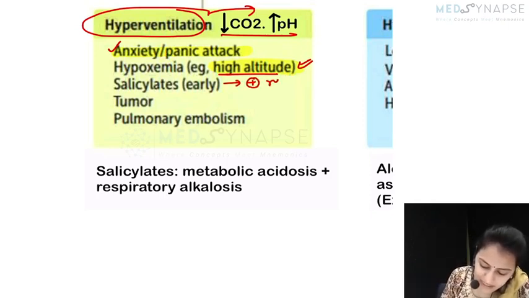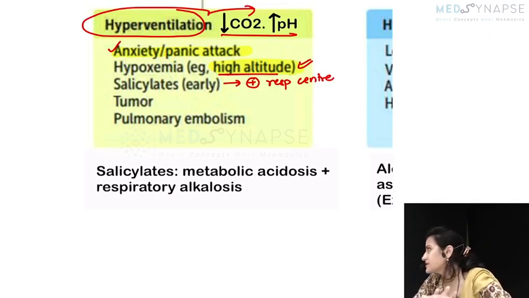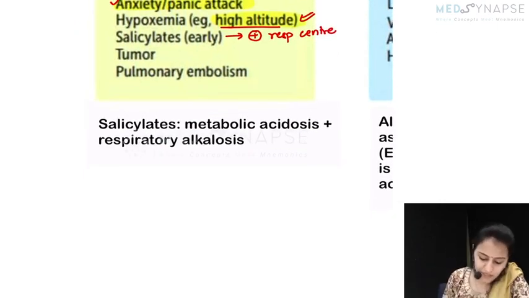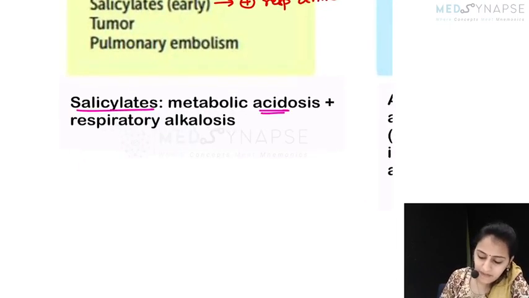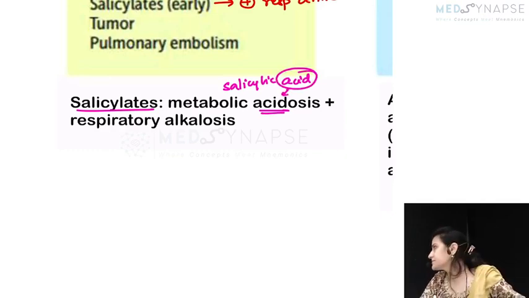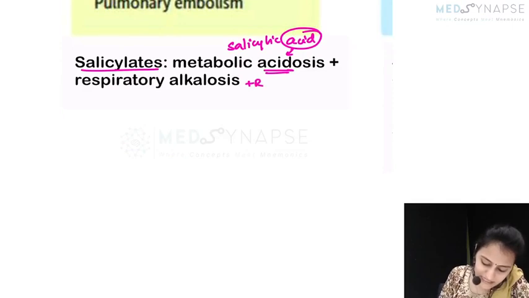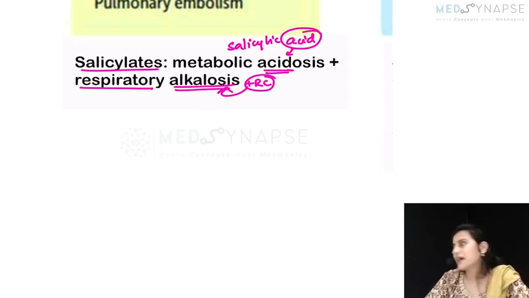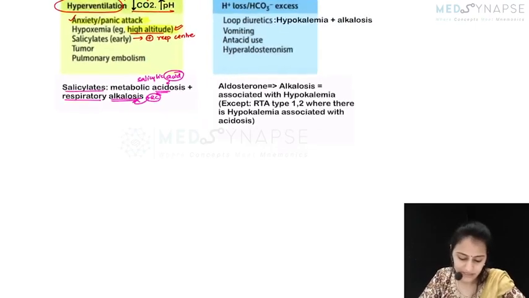Salicylates stimulate your respiratory center and that is why they cause respiratory alkalosis. So if I ask you what acid-base disorder you will see with salicylates? Metabolic acidosis. Why? Because salicylate is salicylic acid, right? So it will cause acidosis. Because it is stimulating the respiratory center, it will cause respiratory alkalosis. So metabolic acidosis, respiratory alkalosis.